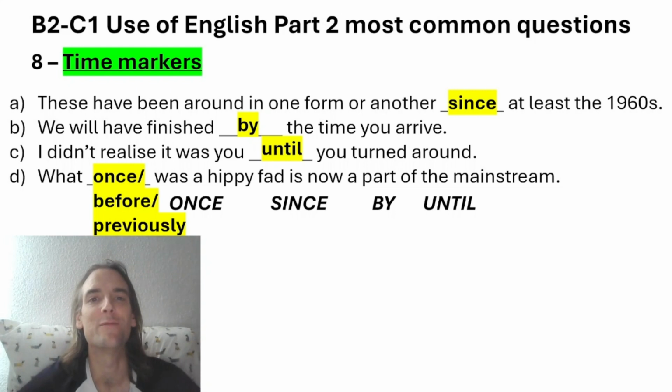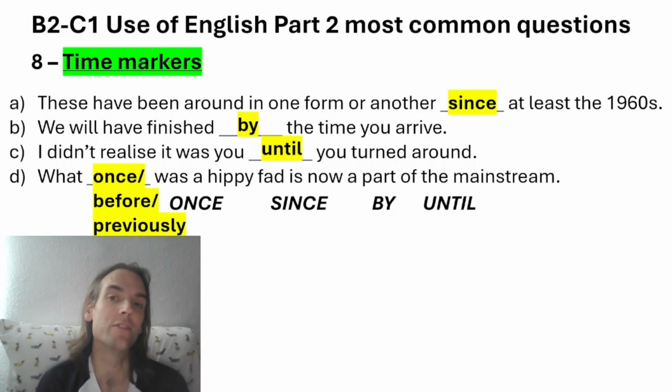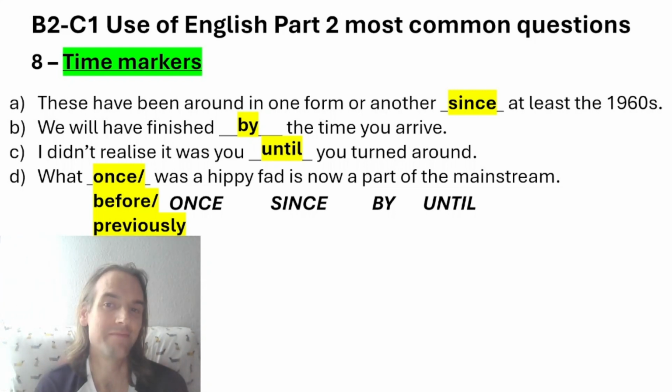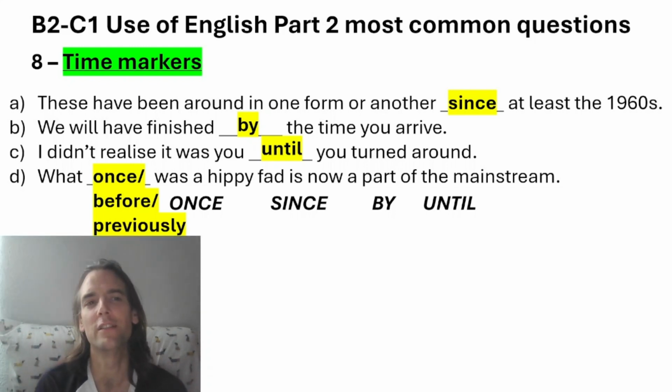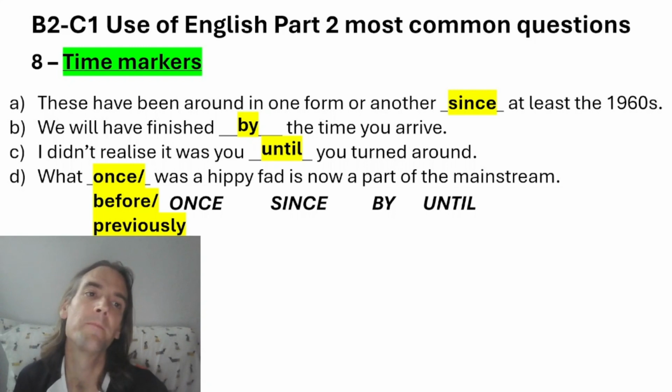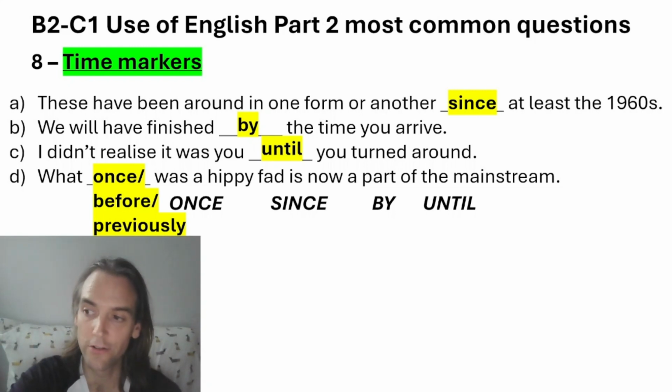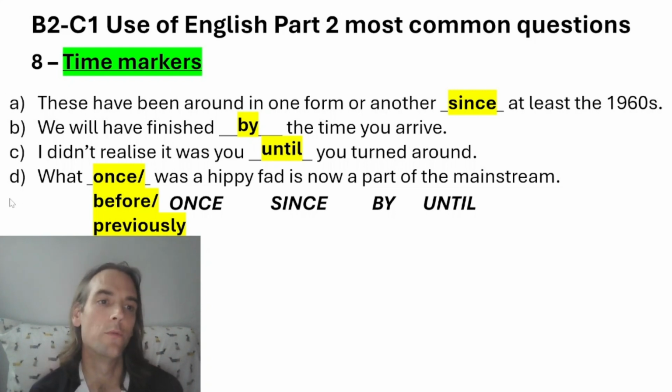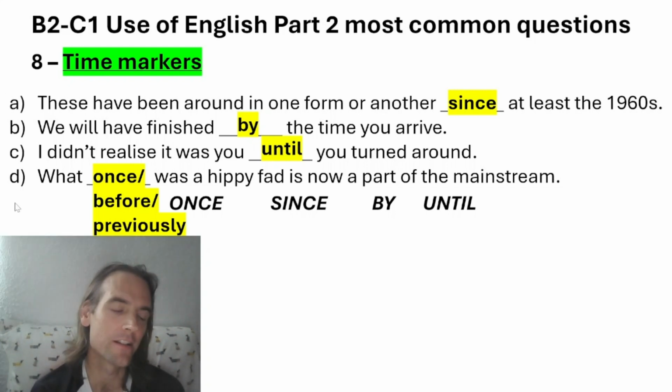There's 8 very common question types for part 2. Hope that was useful. I really do hope it's useful. I spent some time putting this together for my classes, really trying to identify and understand part 2. And of course, if you want to practice more, do loads of part 2 activities. What I've given my students to do as homework after giving them this class is to add one phrase to each category.